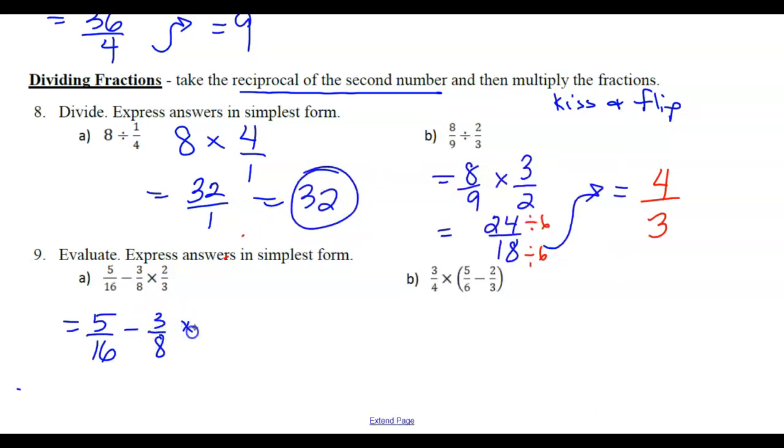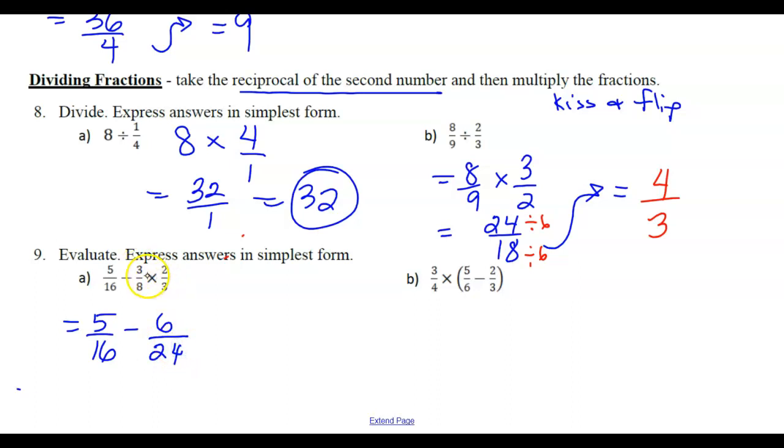Oh no, I'm multiplying, sorry. Okay, so I can do that step right away. I'm multiplying, so let's go. 3 times 2 is 6. 8 times 3 is 24.